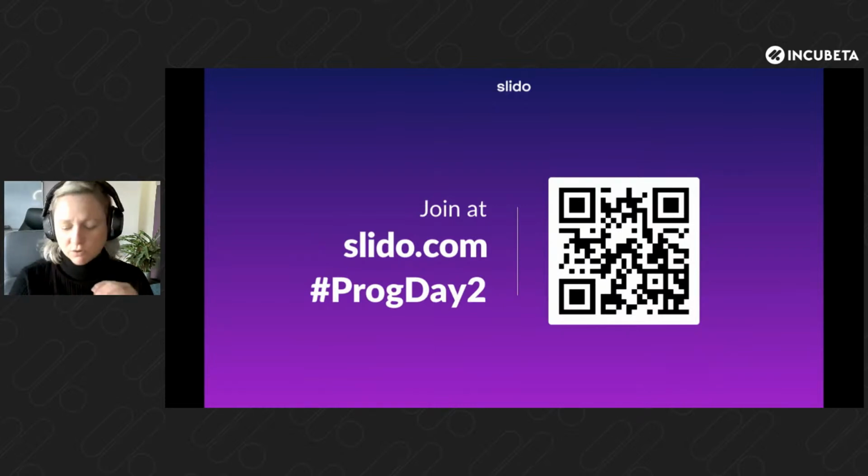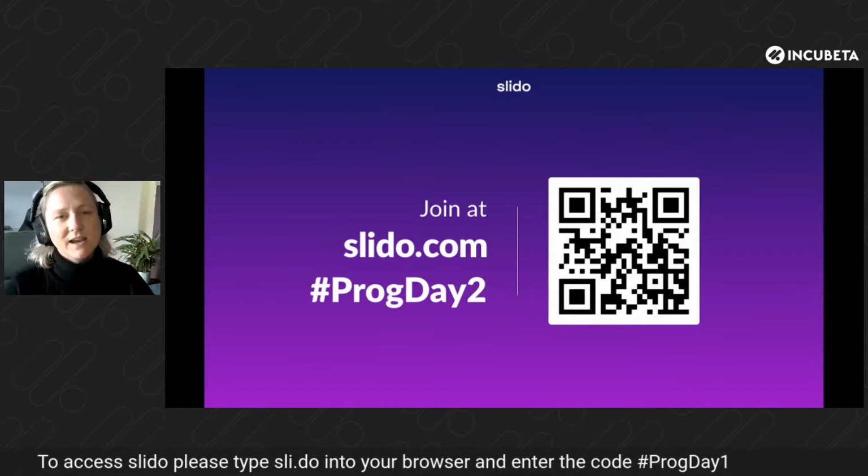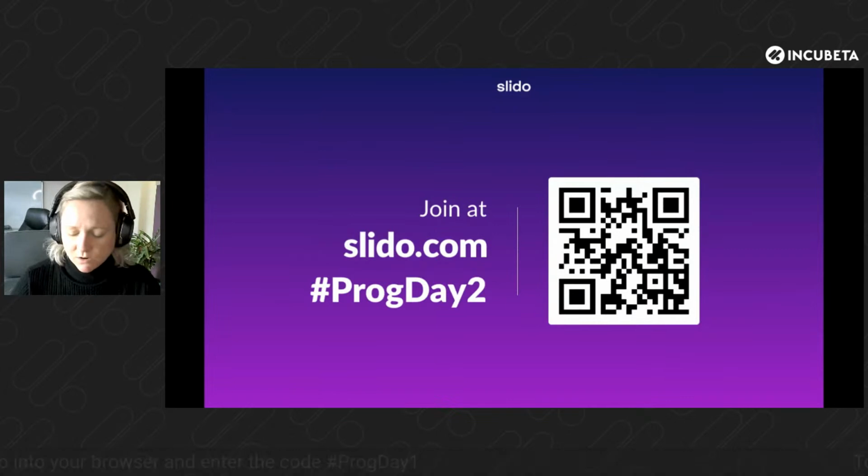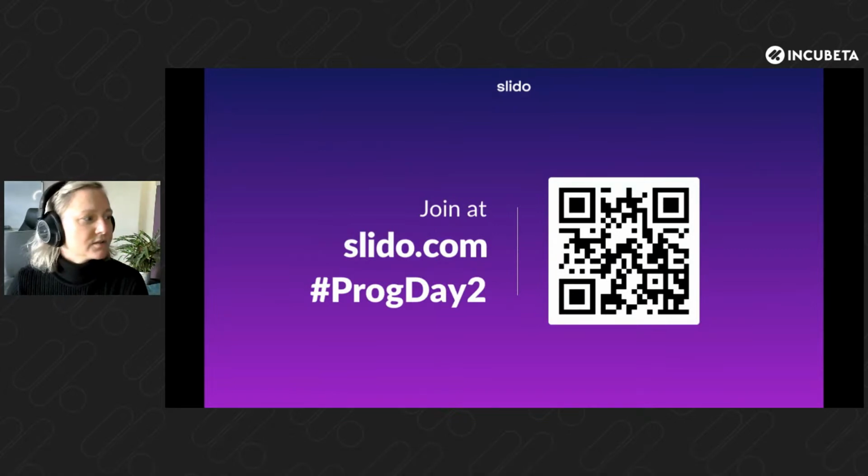There you'll be automatically in, and you can ask your questions, or you can participate in our engagement pieces. Otherwise, you can go to slido.com and insert the code PROGDAY2.